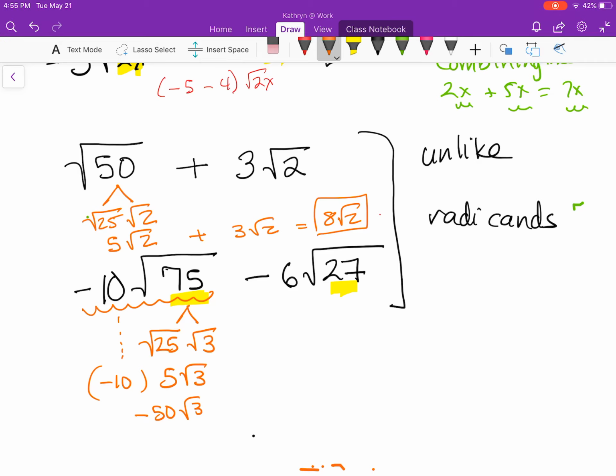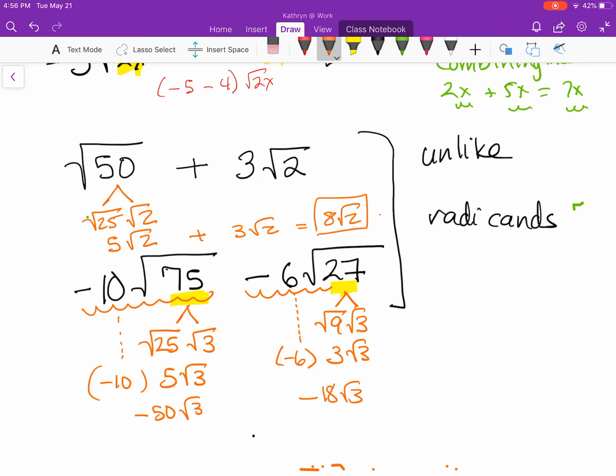Well, my radicands still aren't the same, so let's try breaking apart the 27. I'll make that radical 9 times radical 3, which would become 3 radical 3. And once again, I need to bring down that negative 6 that I'm multiplying by. And I'll end up with negative 18 radical 3.